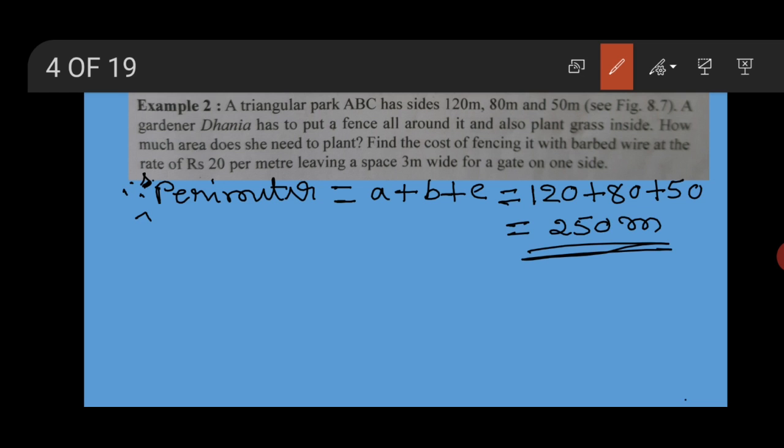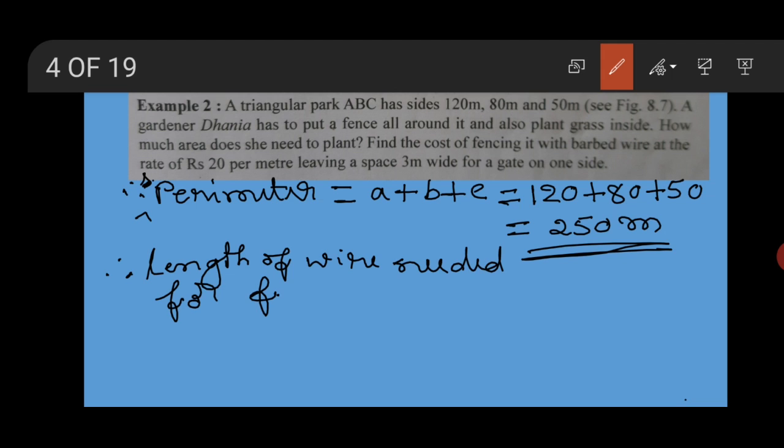Now, length of the wire needed for fencing. We required length of barbed wire needed for fencing around it.